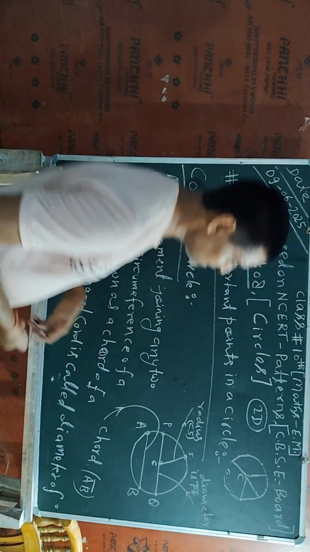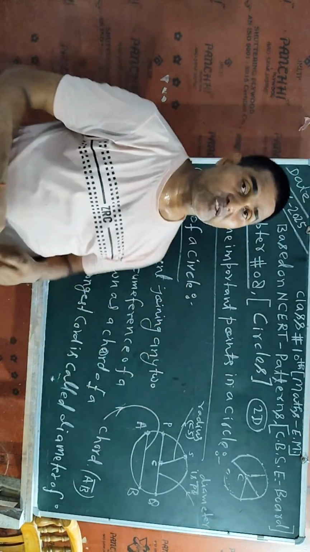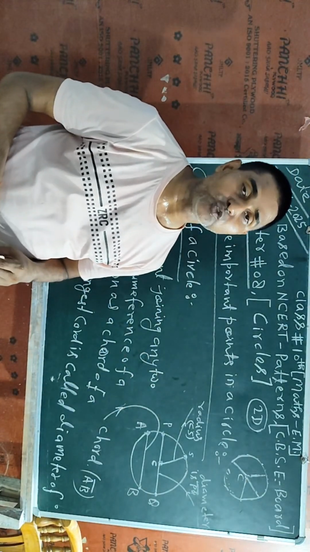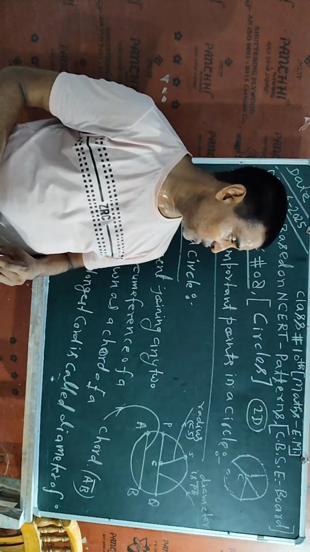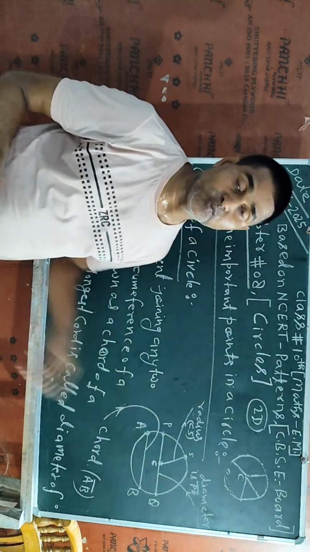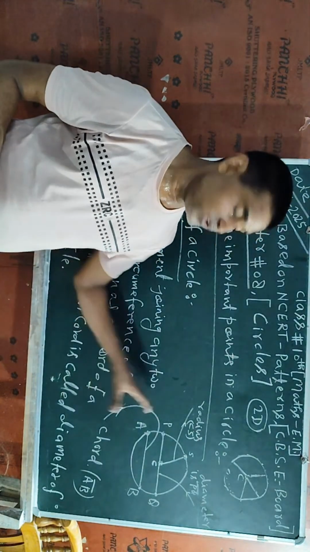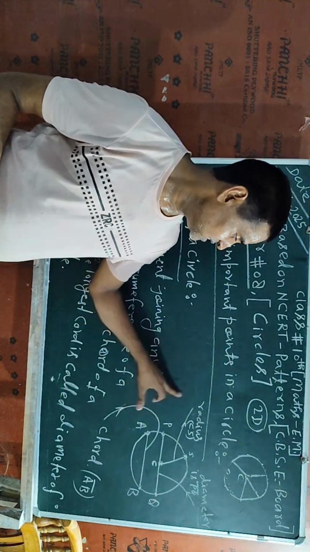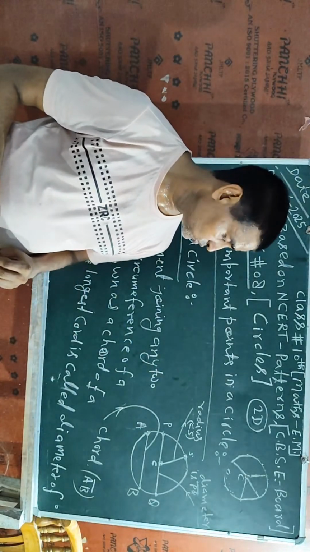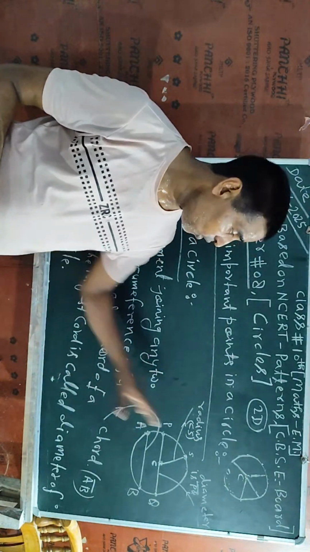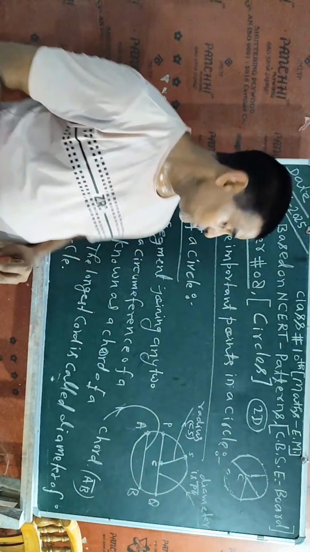So this is the required concept, and every student has to know it very well, because if students know all this information, they can solve numericals very easily. Any question that will be asked, they can understand very easily.